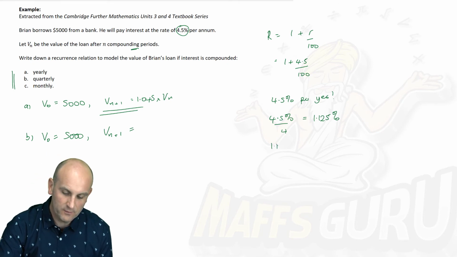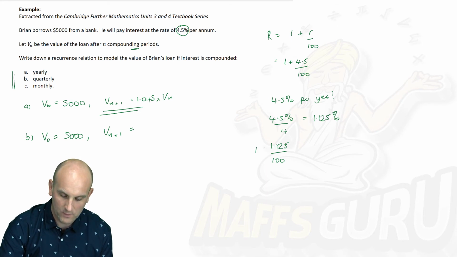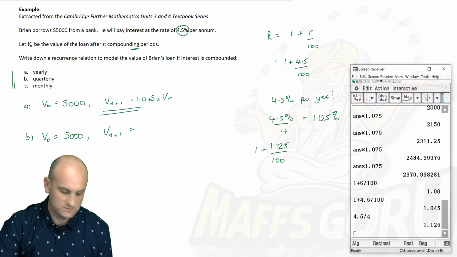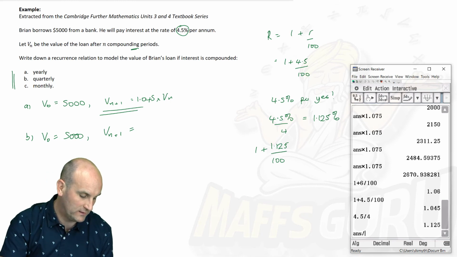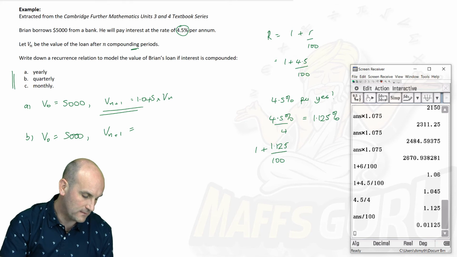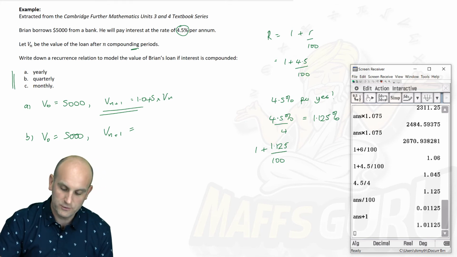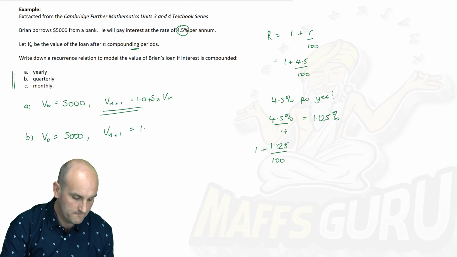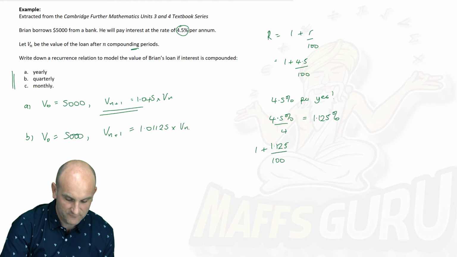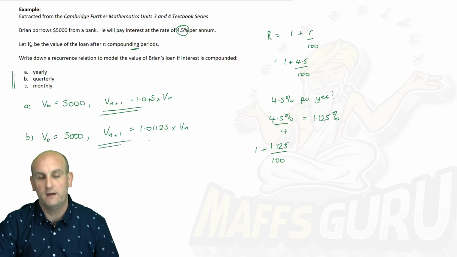So 1 plus 1.125 divided by 100, add on 1 gives me 1.01125. So V of n plus 1 is 1.01125 times V of n. There is my recurrence relation.